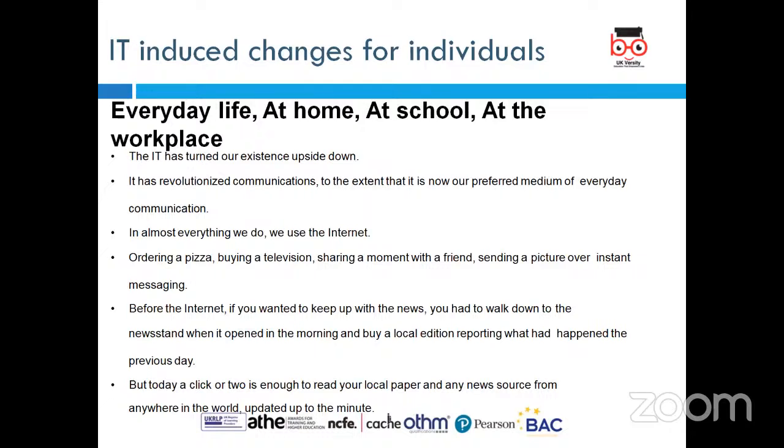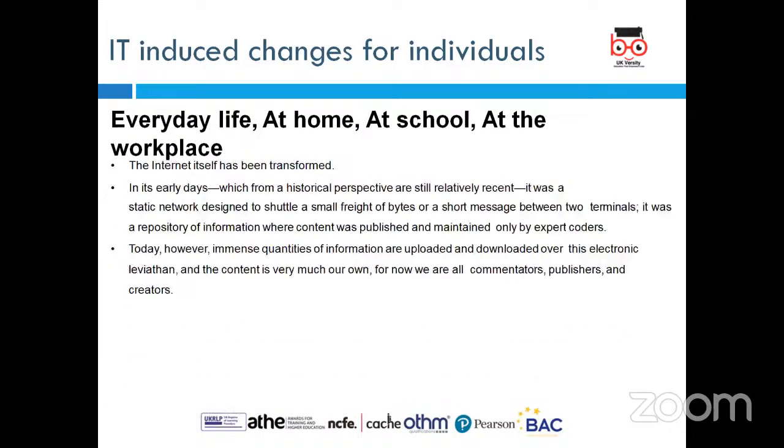And also, the internet itself has been transformed, where in the early days, which from a historical perspective are still relatively recent, they always had a static network designed to shuttle a small frame of bytes.